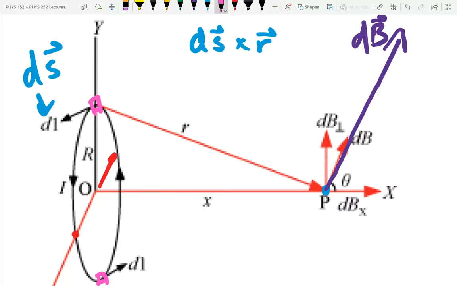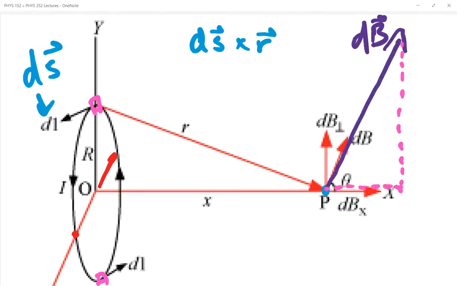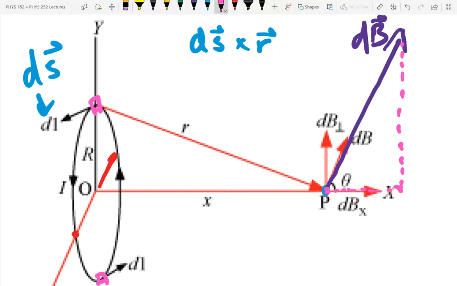So then I have the parallel part, or the parts that aren't going to add to 0. So our x-axis is defined, so that's the dBx. So I need to find the x component here. And so theta was defined in this picture, so let's use that definition for theta. There we go.